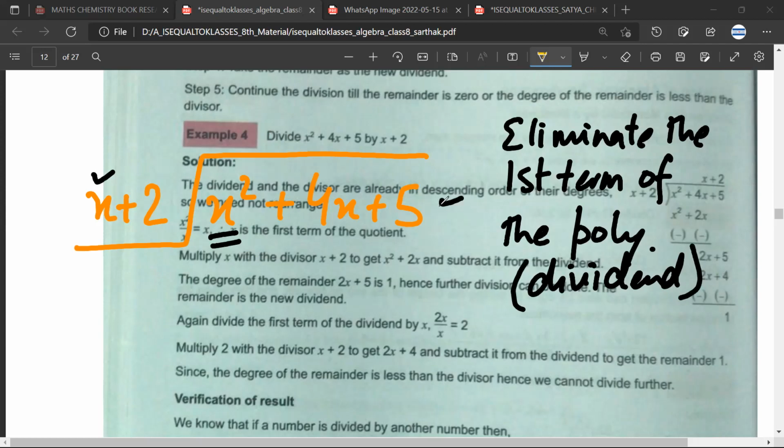This is the dividend and this is the divisor. Any doubt? No, sir. This is the divisor and this is the dividend. Are we comfortable till here? Yes, sir.